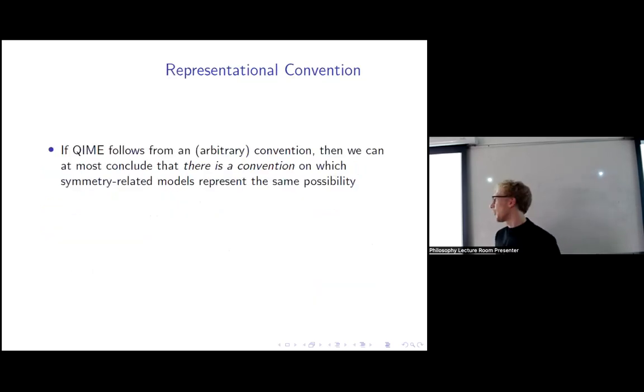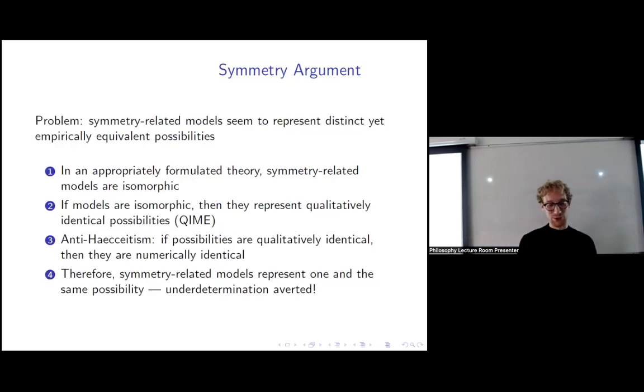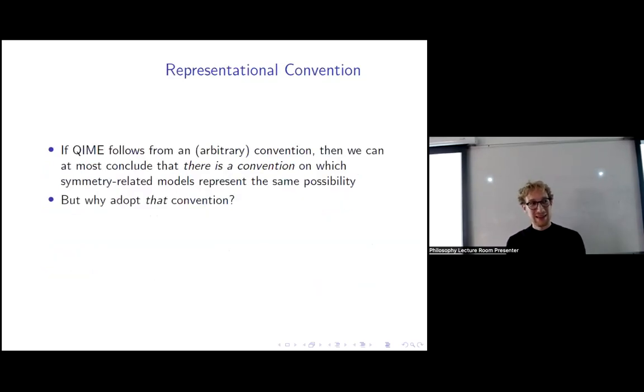But if Quine just follows from a more or less arbitrary convention, then the conclusion of this argument would only be something like there exists a convention such that symmetry-related models represent one and the same possibility. And then one could reasonably ask, why adopt that convention rather than another, right?